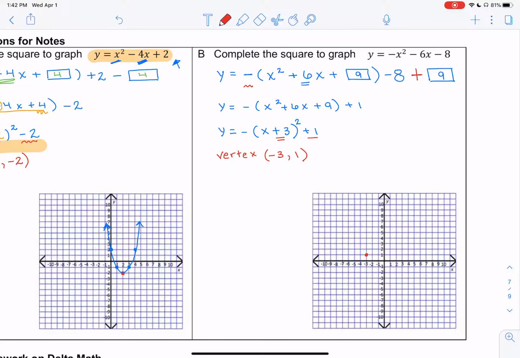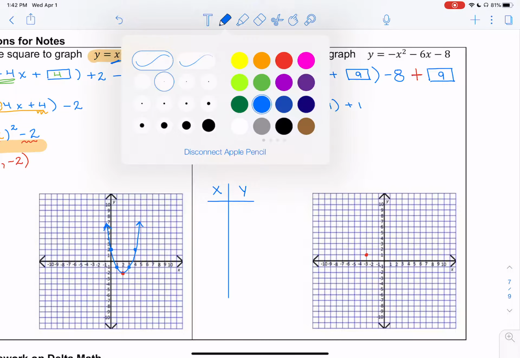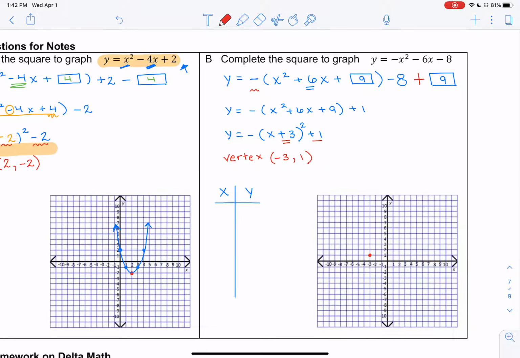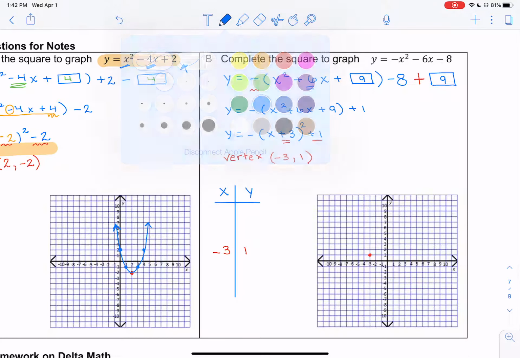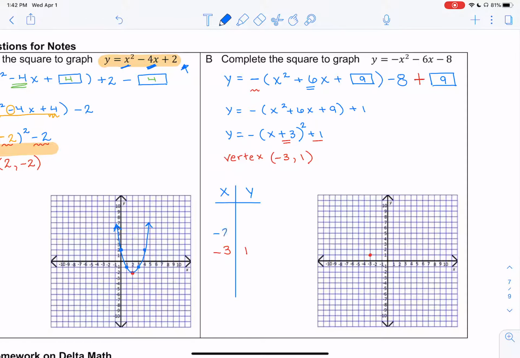Then I'm going to build my xy table. And remember, I put that vertex in the middle. And then I'm just going to count up and down from there. So I have up through -1, and on this side through -5.